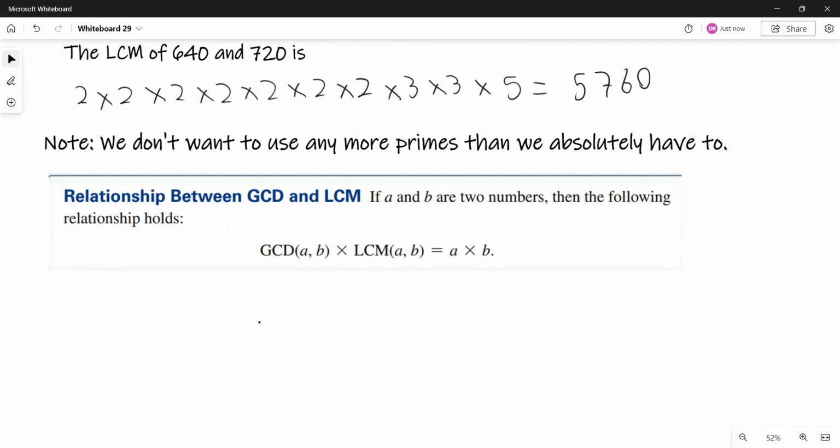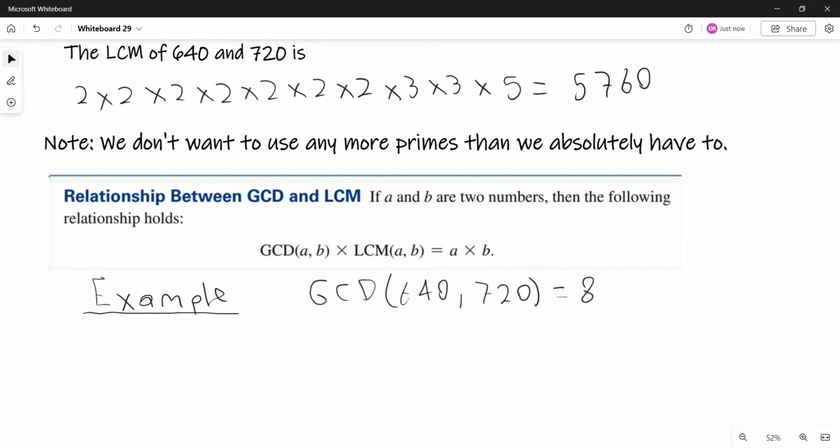So in the example we did, the greatest common divisor of 640 and 720 is 80.